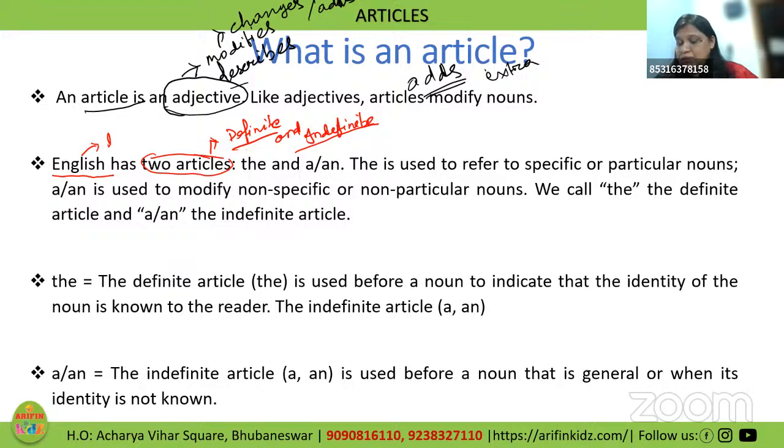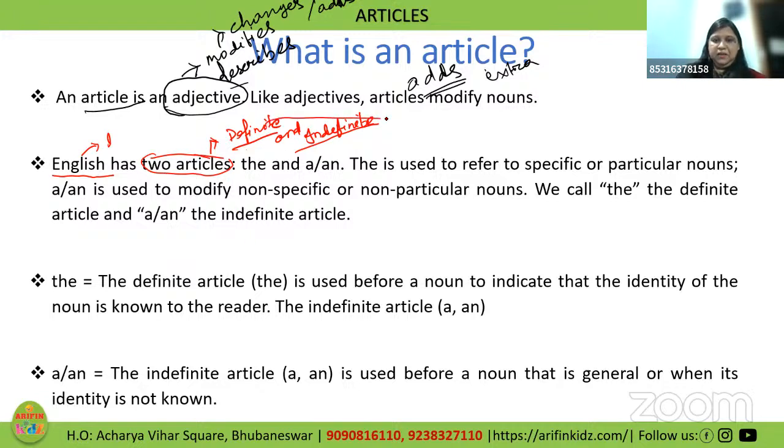Can someone tell me what is the meaning of the word definite in your language? I have asked a question: can someone tell me what is the meaning of the word definite? It is not a and the, we are talking about the meaning of the word definite.